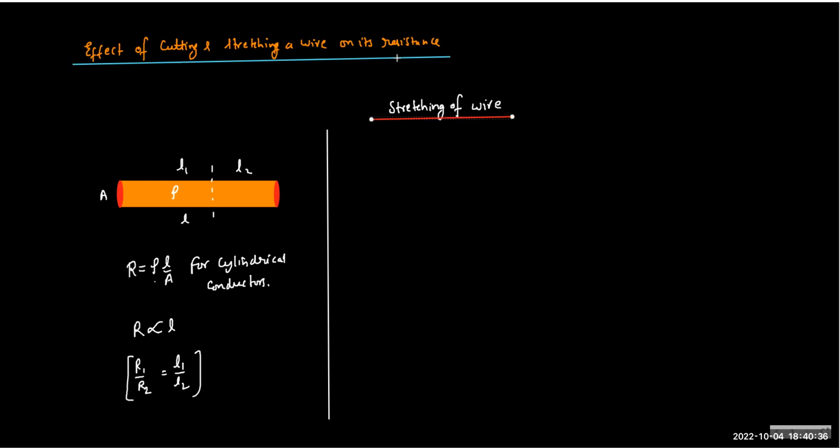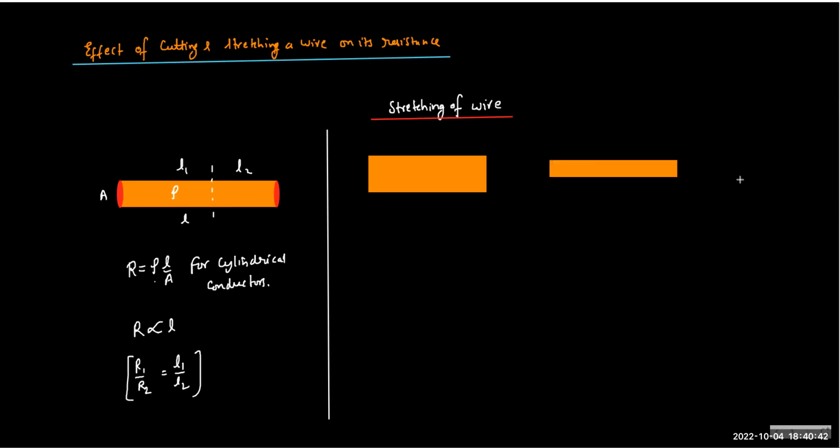So quickly, if you have a wire and if you stretch, you will not only affect the length, but you will also affect the cross-sectional area, right? Yes.